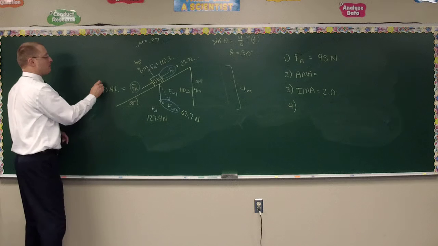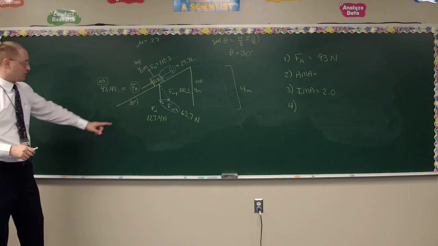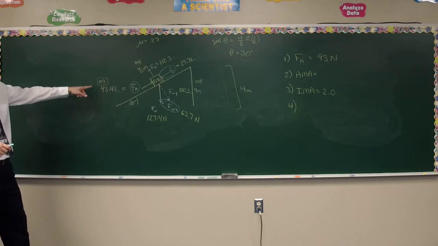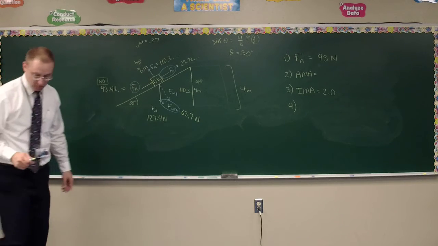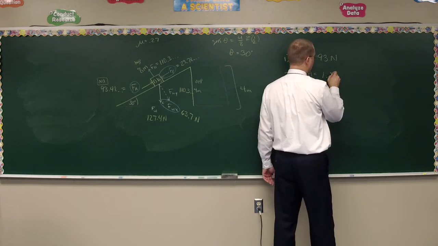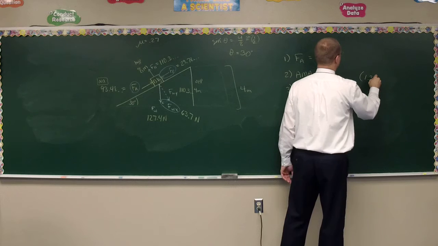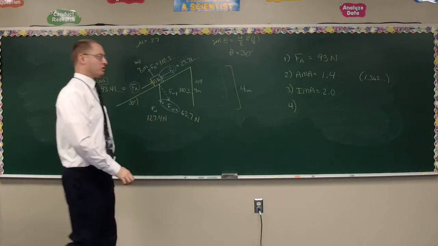If you put this in the memory of your calculator, this is the first time I've actually needed it. I can take the 127.4 divided by the memory value. What do we get for the AMA? 1.36. And 1.362, blah, blah, blah, rounded to 2 sig figs, 1.4.